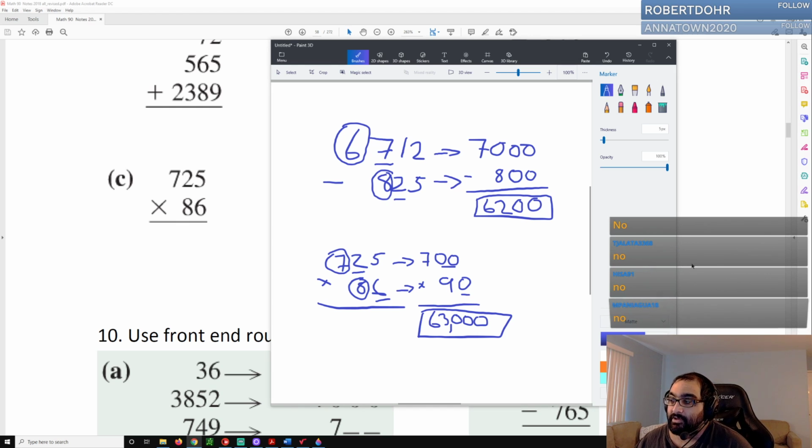So that is the last part I wanted to show off from section 1.7, which is how we can use rounding to get an approximate answer, rounding first and then applying the operator. All right, so that is the end of section 1.7.